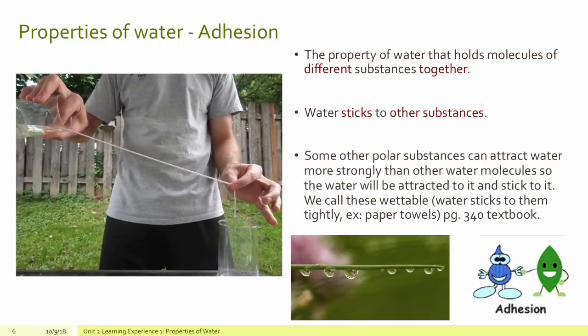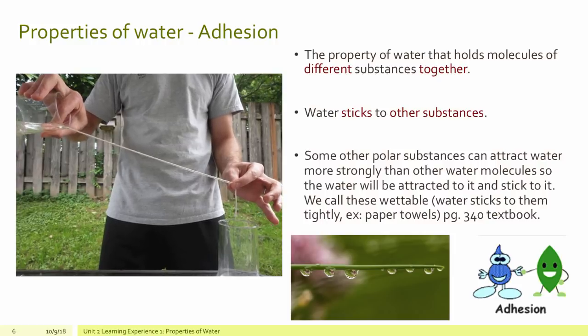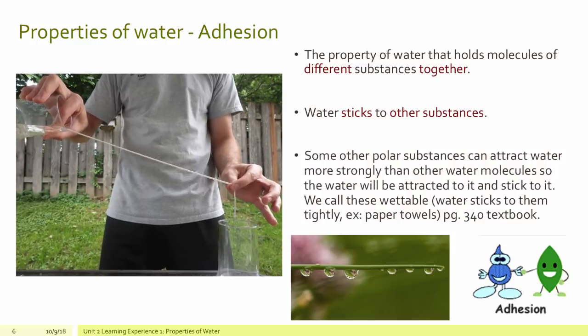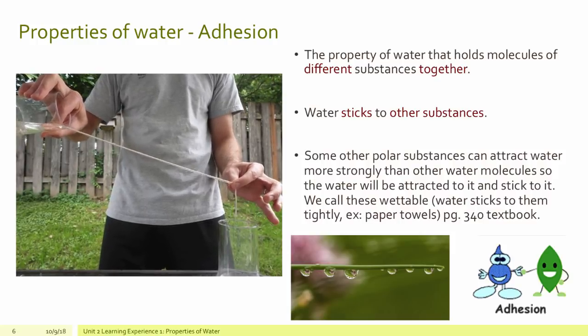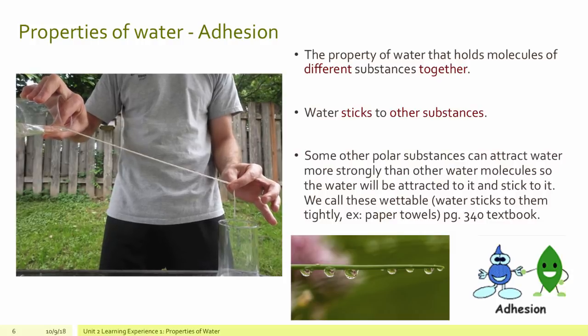Another example of a property of water is adhesion. Adhesion is the property of water where molecules of different substances are attracted and they stick together. So think of adhesion like an adhesive. Water is going to stick to other substances, kind of like tape is adhesive, and you can stick tape on a lot of different substances.